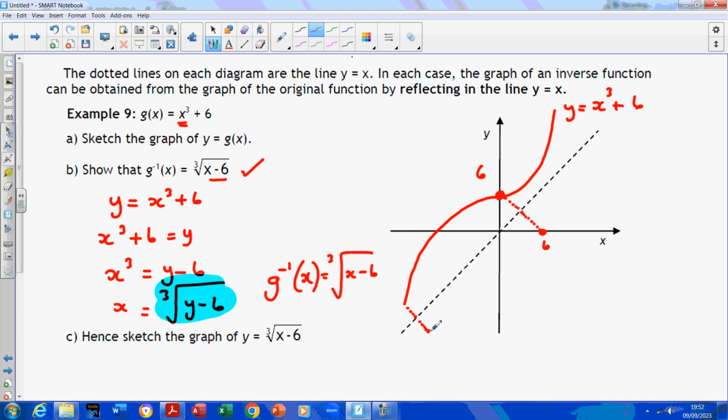So when I'm drawing this, it does something like that, and it goes to 6, and then it turns and it comes away. So you can see that I've drawn basically the other half of that diagram. So that there is a graph of y is equal to g inverse of x. It takes practice drawing them. They're not always dead easy to draw, but if you turn your paper round, then it should make it look a bit easier to draw.